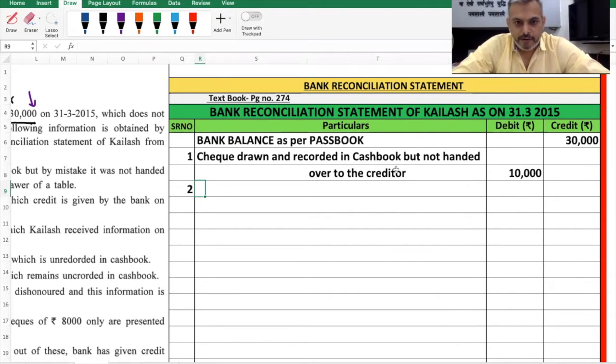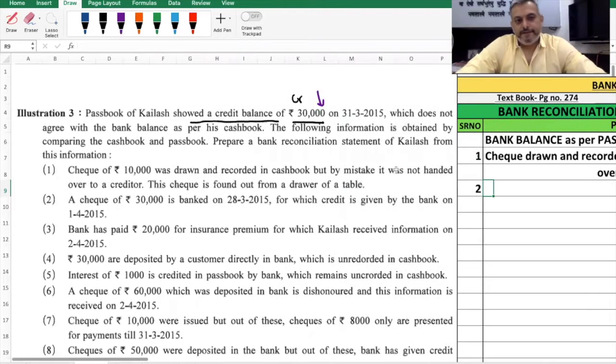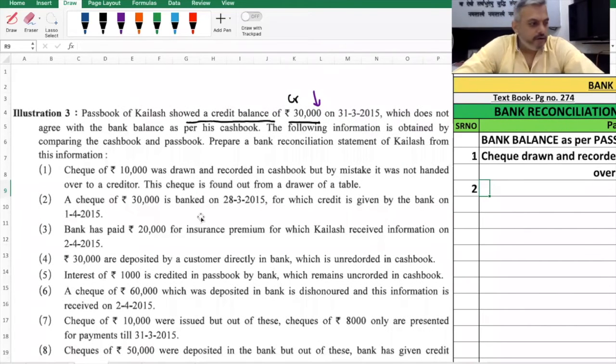Why? Okay. Second, a check of 30,000 is banked on 28/3/2015, for which credit is given by the bank on 1/4/2015.